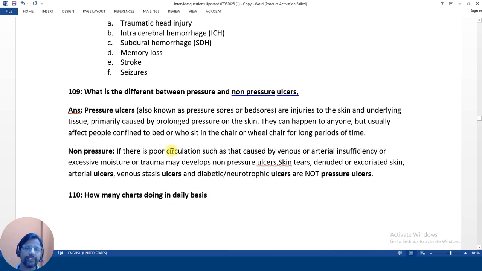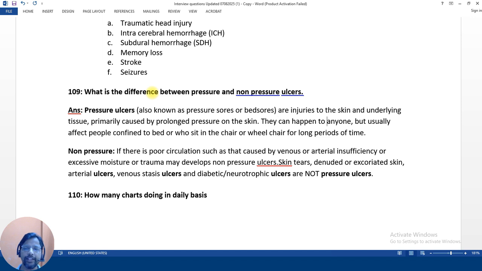Next question in the interviews, they may ask you what the difference is between a pressure and a non-pressure chronic ulcer. Pressure ulcers are basically caused by continuous pressure on the same location. Pressure ulcers are injuries to the skin and underlying tissue primarily caused by prolonged pressure on the skin.